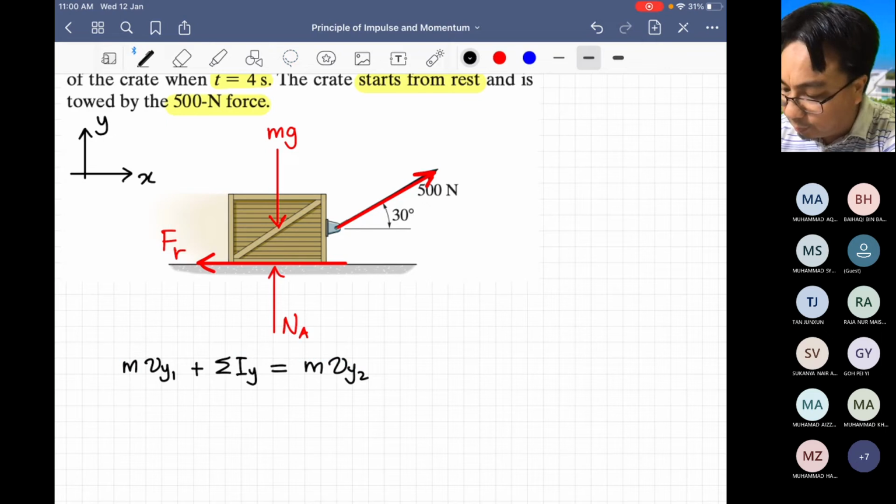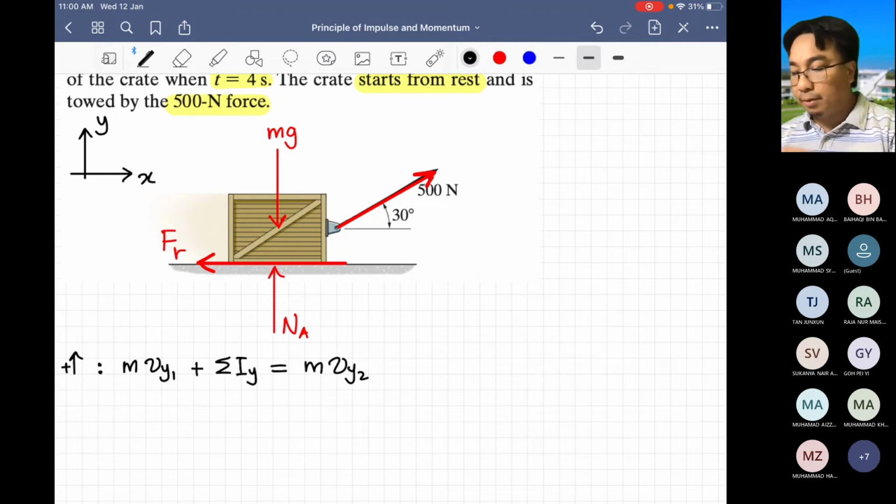In this case kita buat positif ke atas. Dia sama macam chapter 2 yang kita calculate F equals to ma. So we are calculating the principle of linear impulse and momentum dalam y-axis.